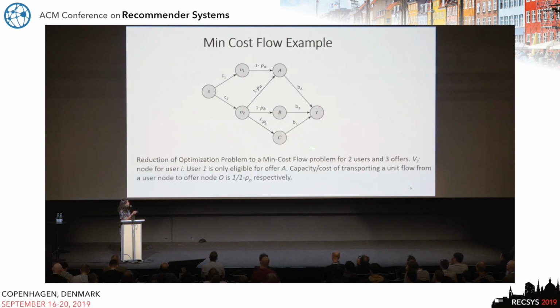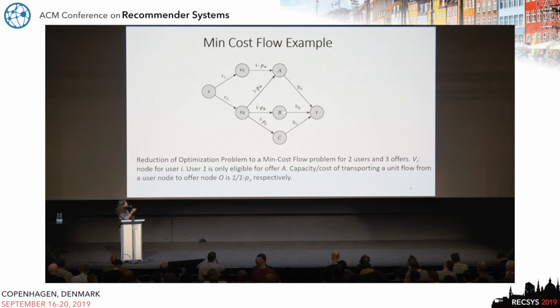This slide shows an example of a min cost flow for 2 customers, V1 and V2, and 3 offers A, B, and C. As in a min cost flow, the sum of capacities coming to the node and going out of the node have to be equal. For the customers, we have C1 and C2 as the customer capacities, and we have 1 minus probability of the offer as the cost of giving the offer to the customer.